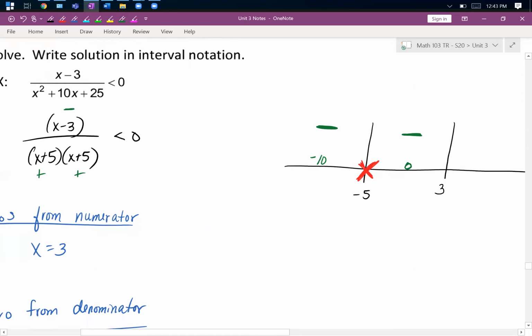And then last but not least, we need to choose something larger than 3. 5 will work fine. Plugging 5 in, I'm going to get a positive on top and 2 positives on bottom. 3 positives result in a positive. Questions on the sign chart at all?